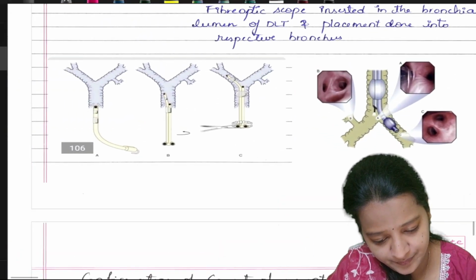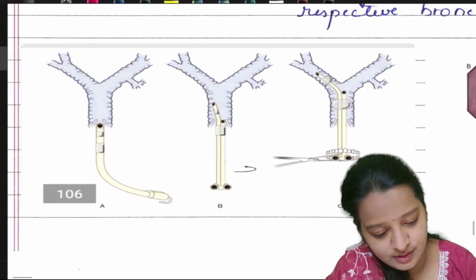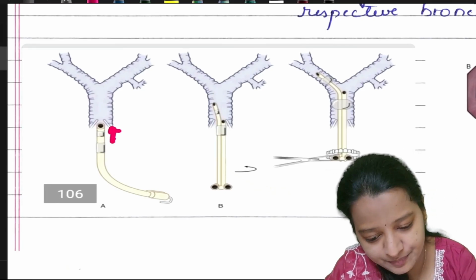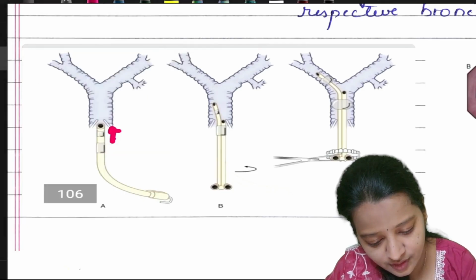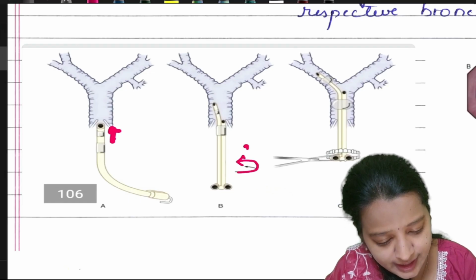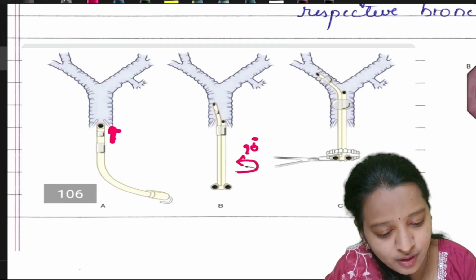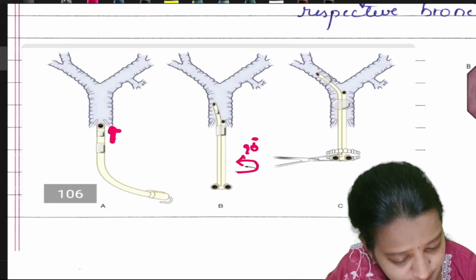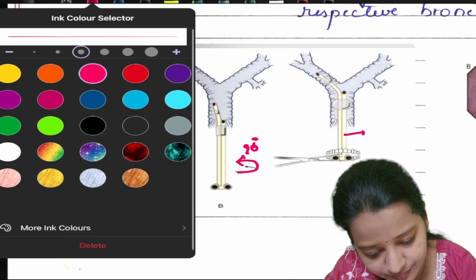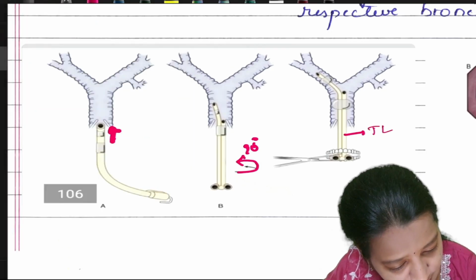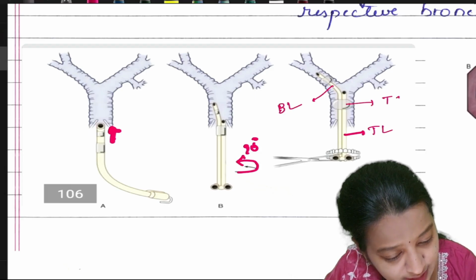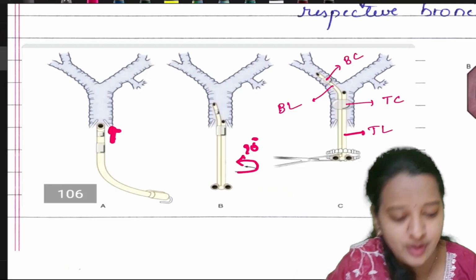This is a DLT being inserted. First, it is concave anteriorly. So after reaching the glottic opening, we rotate it 90 degrees, and these are the two lumens. This is the tracheal lumen. This is the bronchial lumen. This is the tracheal cuff, and this is the bronchial cuff.